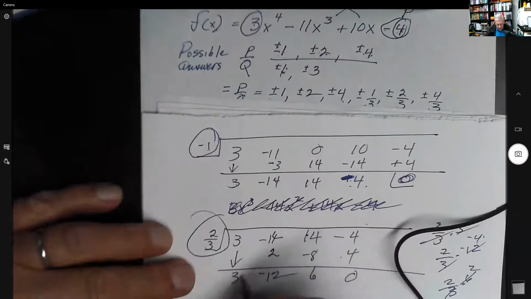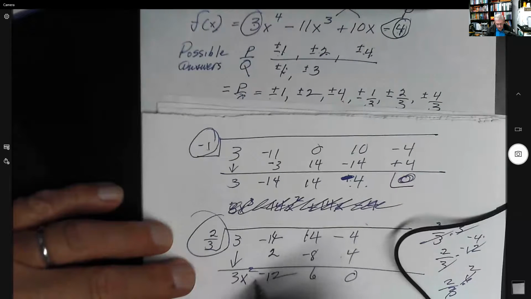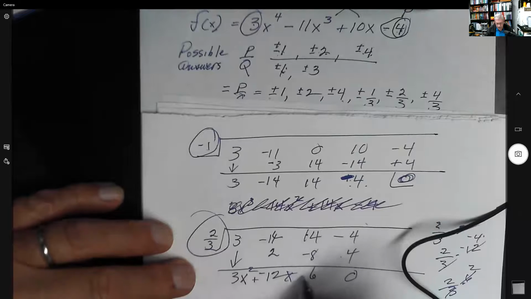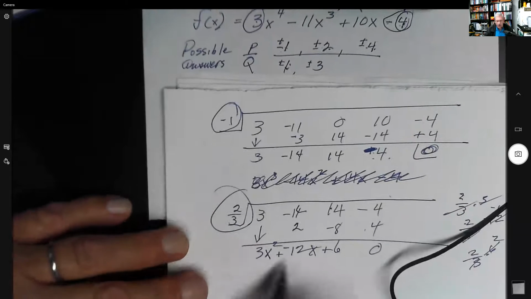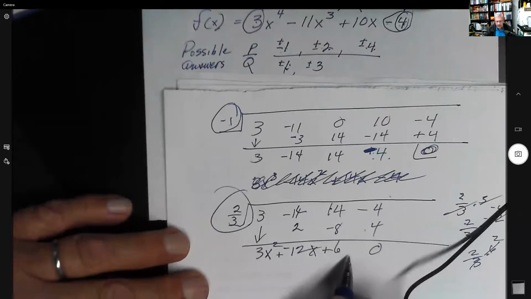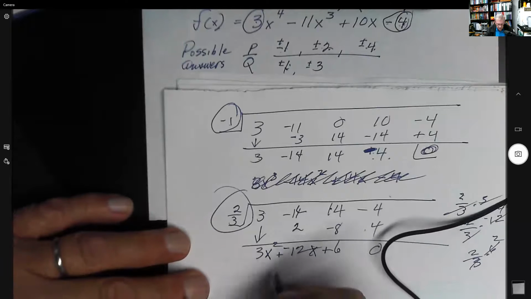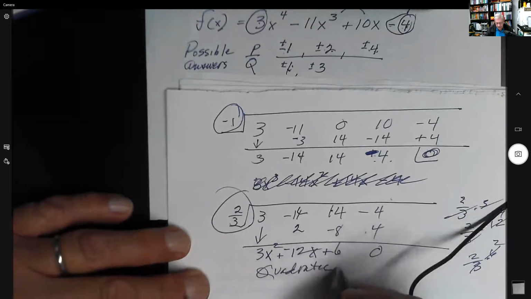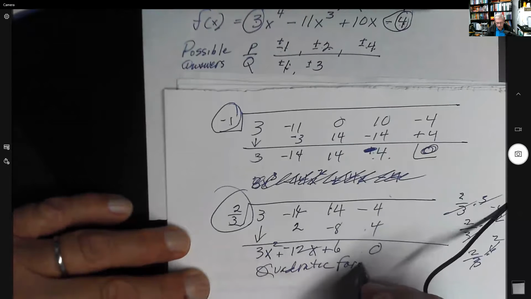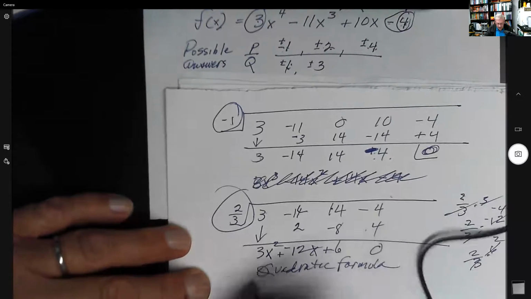Then when we get it down to this point, we're going to try to either factor this or use the quadratic formula to solve this. This one we have to use the quadratic formula. And we'll pick that up tomorrow because we're running out of time.